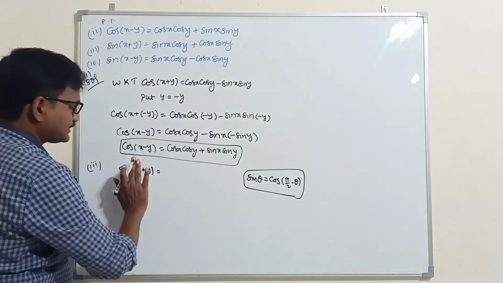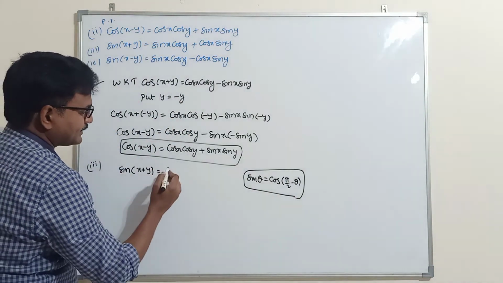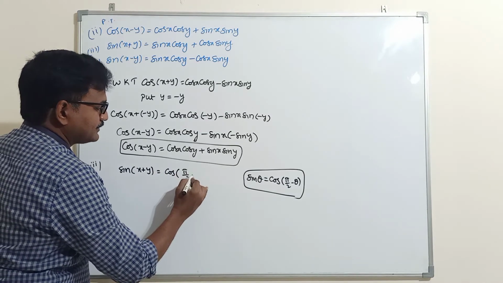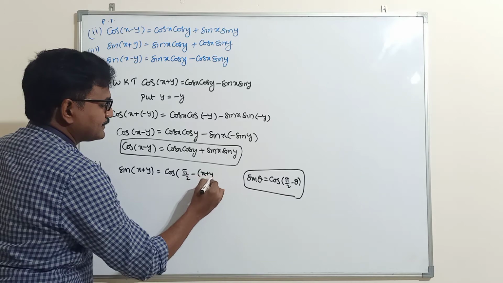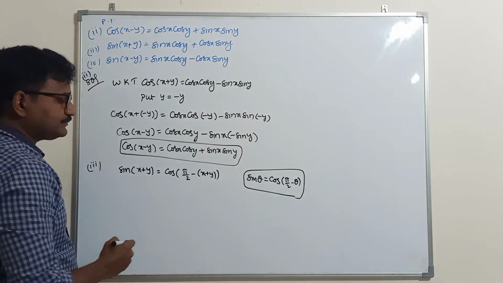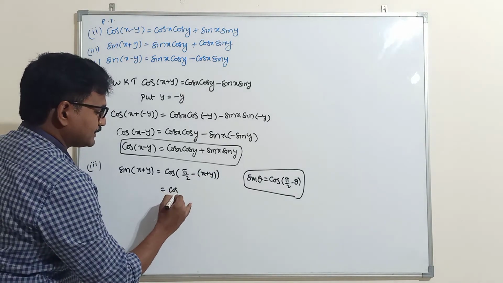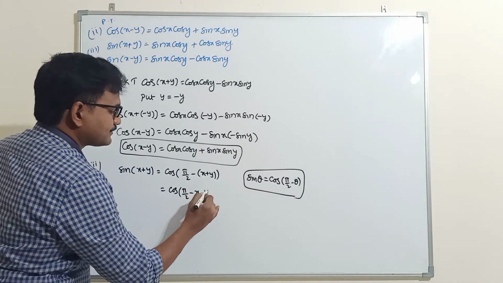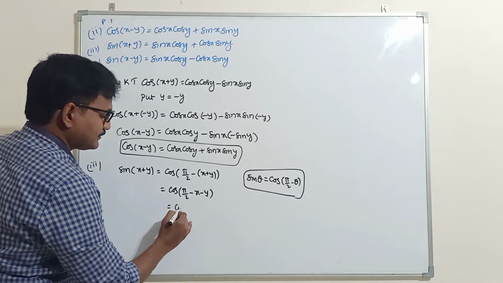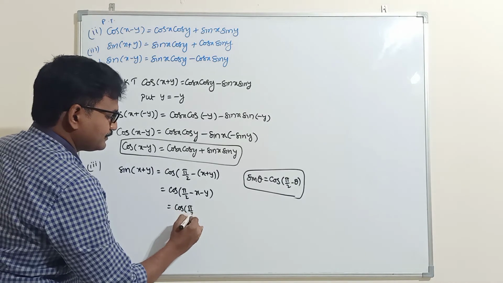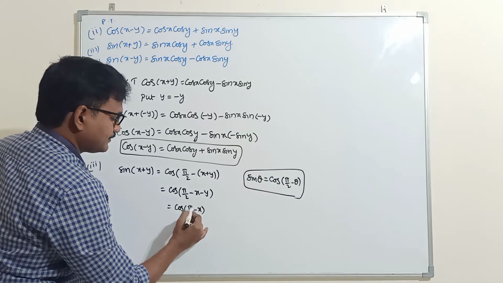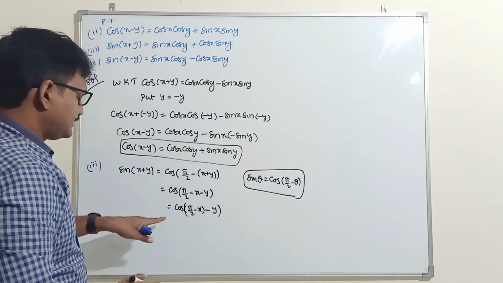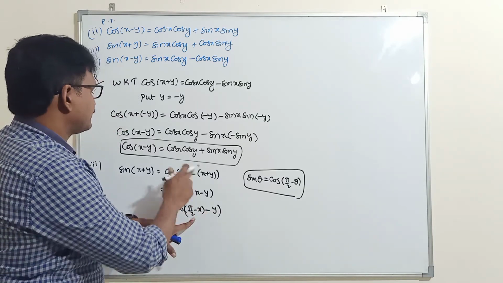So sin theta means cos of 90 minus x minus y, so cos of pi by 2 minus x, minus y.